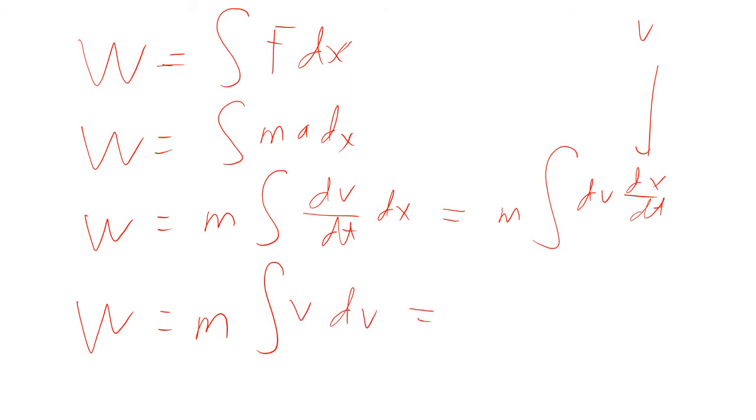If we integrate from start to finish, initial to final, the integral of v dv is going to be 1/2 v squared, evaluated between initial and final. So the work is 1/2 m v final squared minus 1/2 m v initial squared.